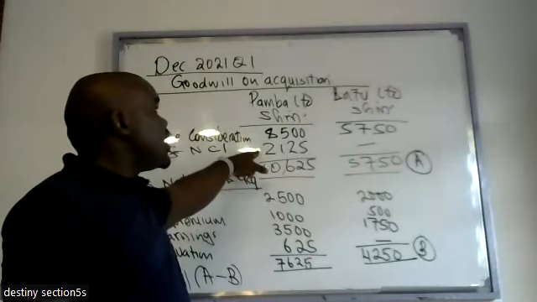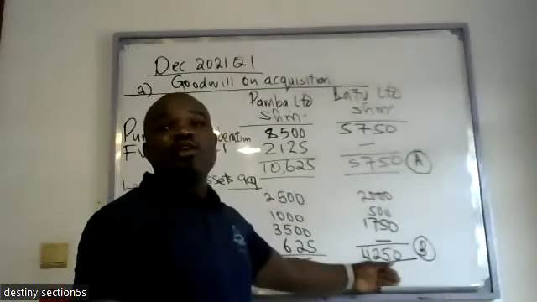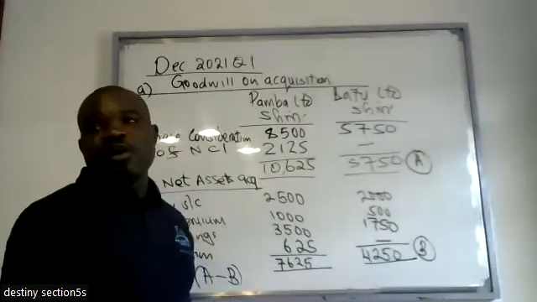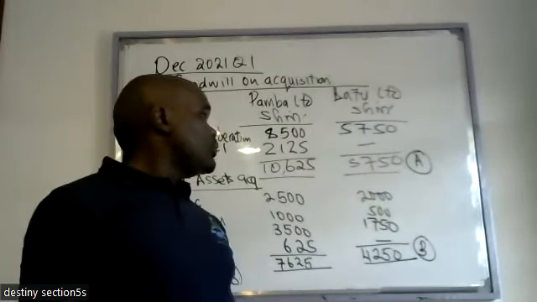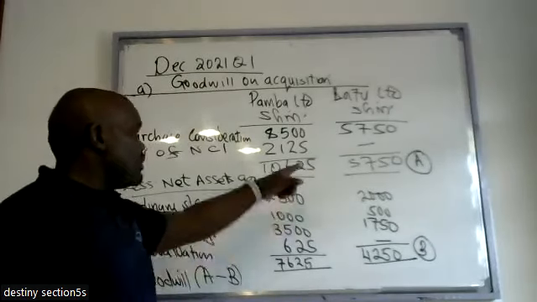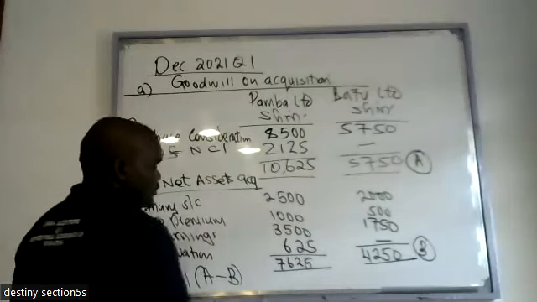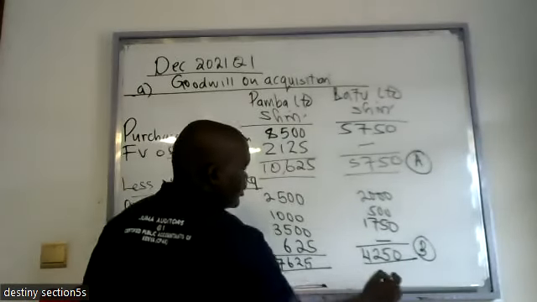You have already considered NCI. This one was 100% acquired, so we cannot multiply by 100. So take A minus B, tell me the two goodwills, and we are done.